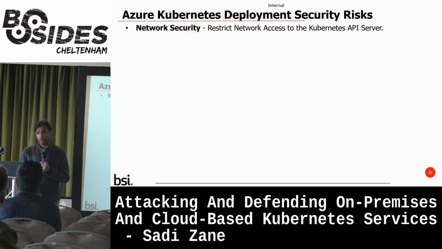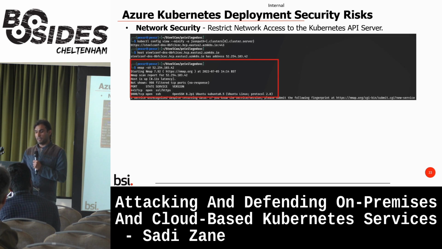The biggest security concern that I see quite often is the Kubernetes API server. The main API server is deployed but is not restricted to your own network, so anyone can access your API server. You haven't whitelisted your API server to only your network.